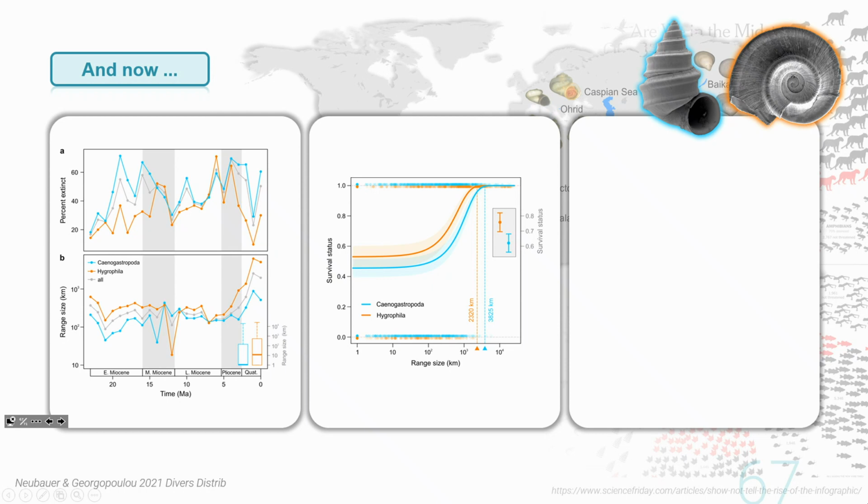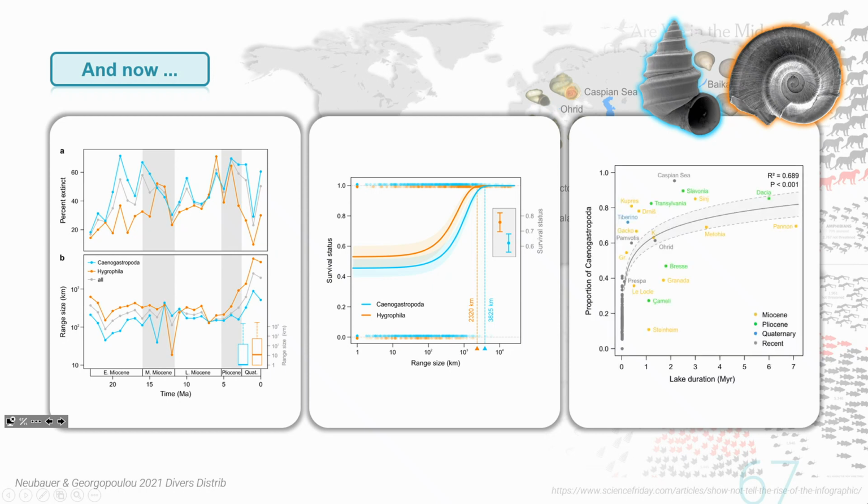So they have a higher survival likelihood than Gastropoda. And this result was robust even if you kick out the modern species, if you treat these data deficient ones differently, because you can put them in a pessimistic scenario or an optimistic scenario, and it was always basically the same result. And how does this link now to long-lived lakes?